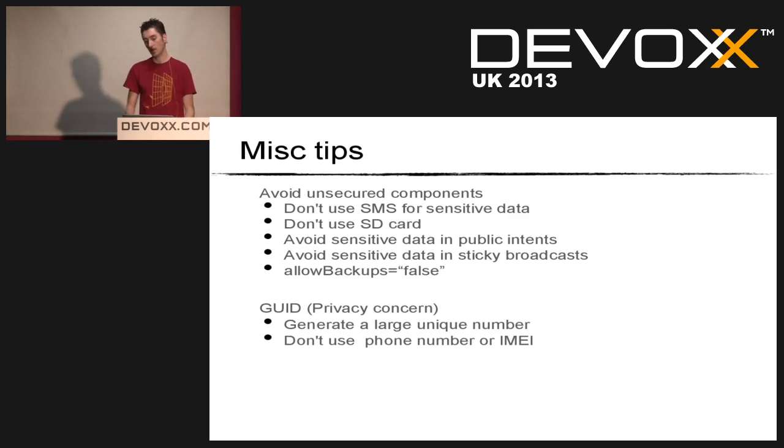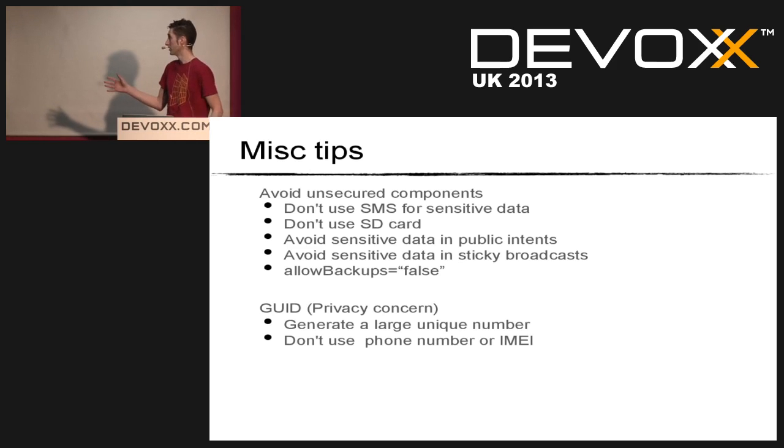It's just a permission you set on the root application element, and you get an annoying warning from lint when you haven't set it. But you should set it to false, because the security of that cloud storage for your app and your data isn't guaranteed, and that's a recommendation from Google, to not use it if security is important to you.